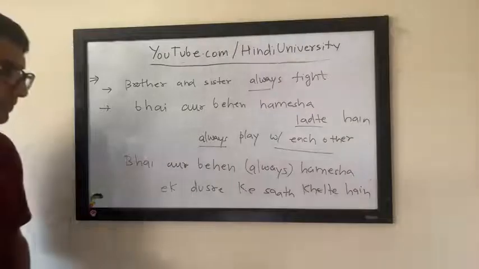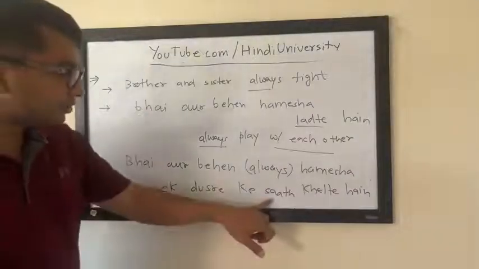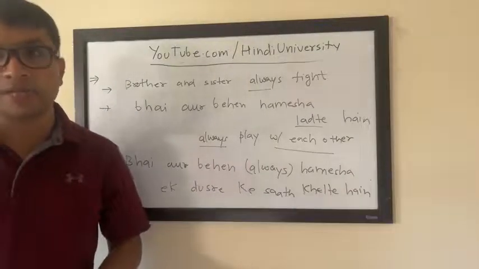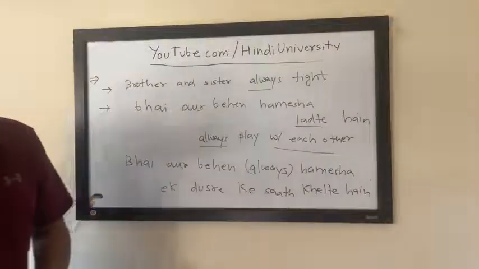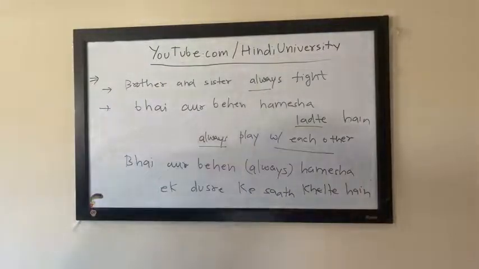You can also say something that was just mentioned. साथ में खेलते हैं, भाई और बहन साथ में खेलते हैं. That's also correct. Yeah, Ashu Ji. Is it okay to just say भाई और बहन हमेशा के साथ खेलते हैं? Or is that not correct?